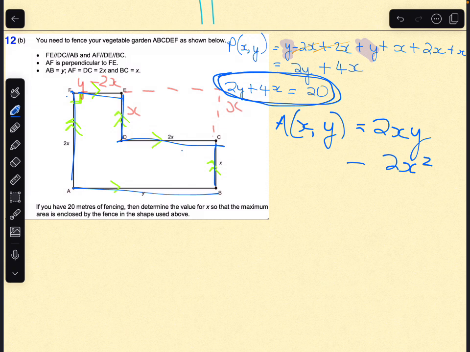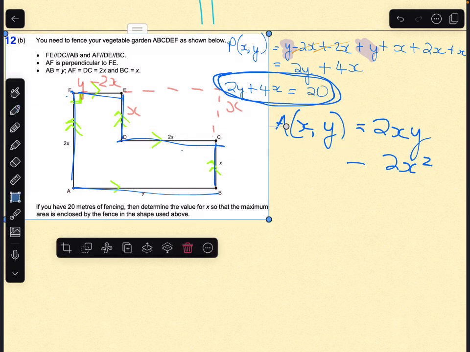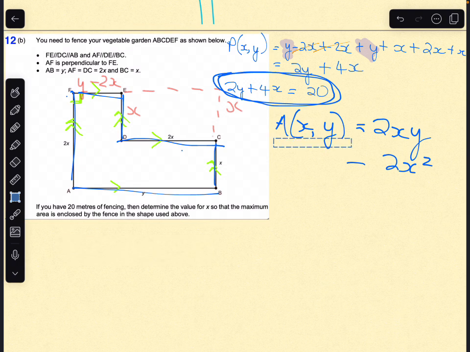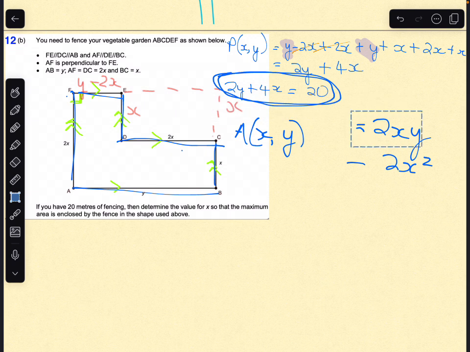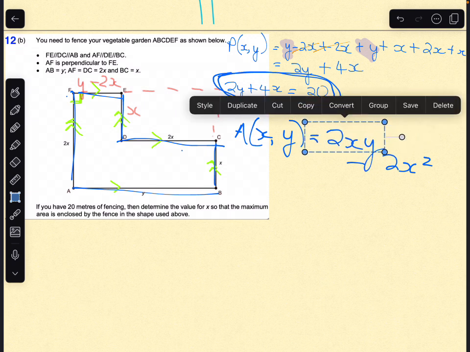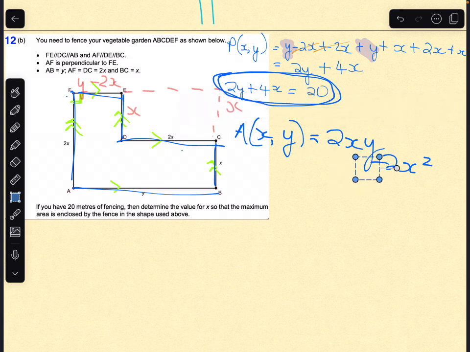It's very weird to write this on different lines, honestly, so let me fix that. Yeah, you can tell when I haven't recorded in a while, it's so crusty with this app. Now my minus is just in no man's land. Okay, right. So that is the area of the vegetable garden, and that is what we're going to try to maximize.